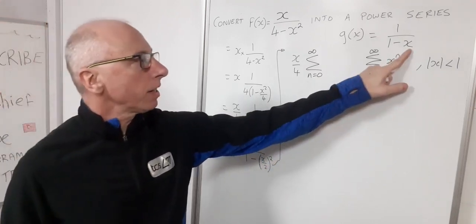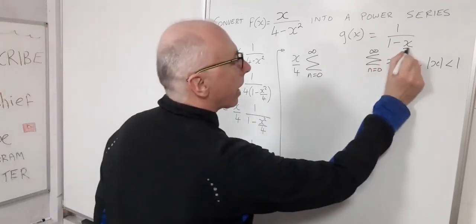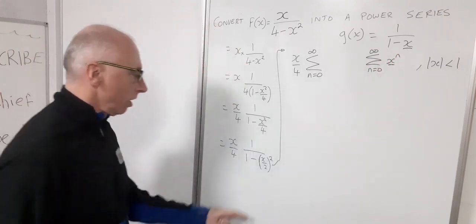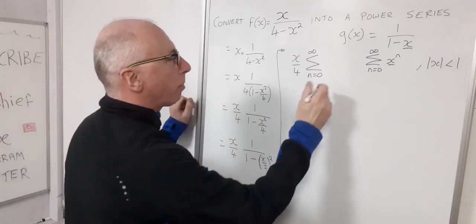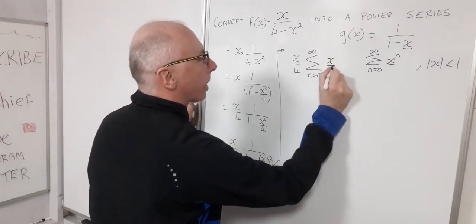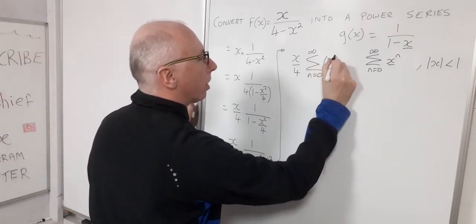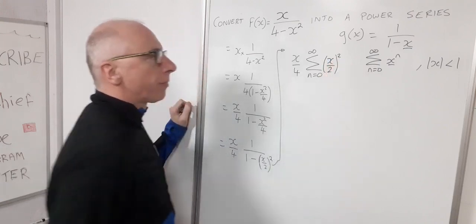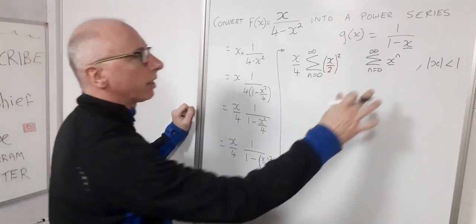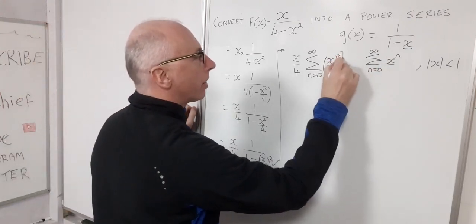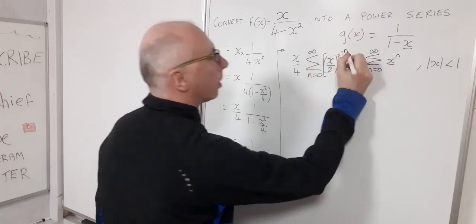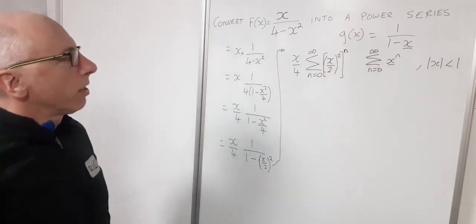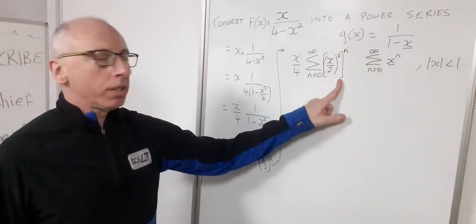Here we've just got minus x. So this x here and this x here, we then just deal with this x over 2 squared inside the power series. So we have x over 2, that would be squared, and then we raise all that to the power of n. So if I just put a square bracket so as we distinguish that. Okay, so now we've got this power series set up here.